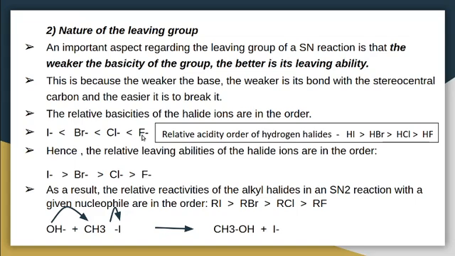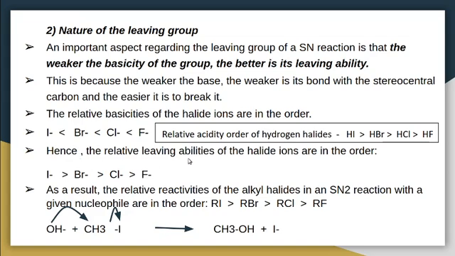Basicity means the tendency to donate the electron pair. So I minus has lower basicity, so it can leave the reaction medium very fast. That means the weaker the basicity of the group, the better is its leaving ability. I minus is a weak base, so it can leave very easily.